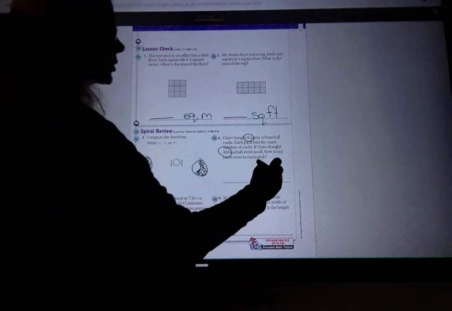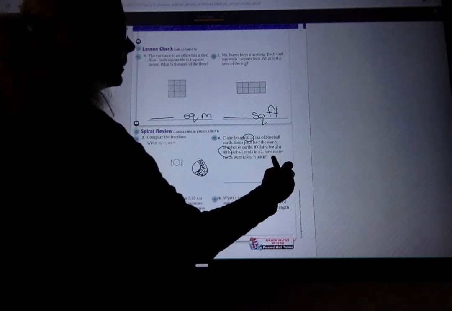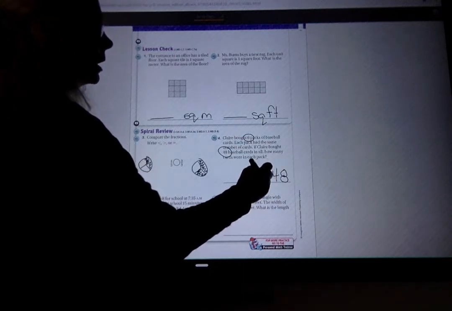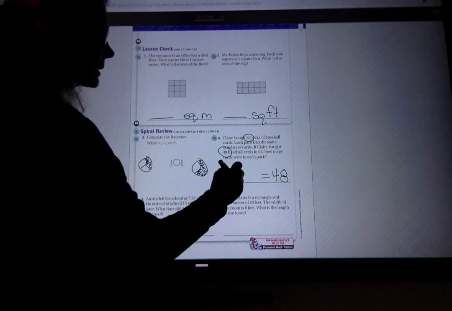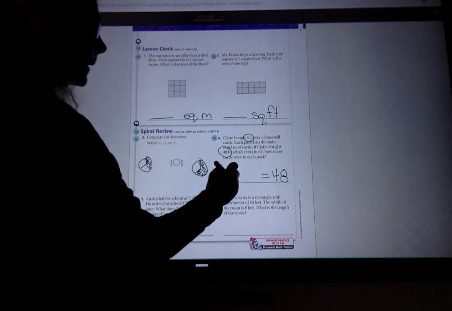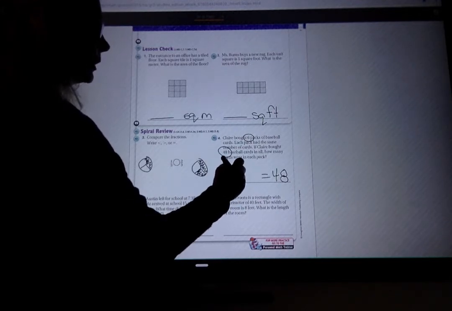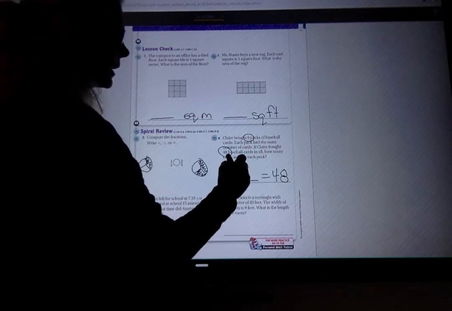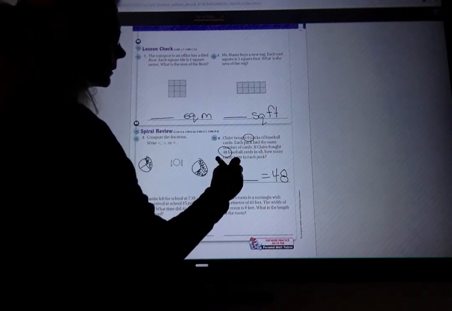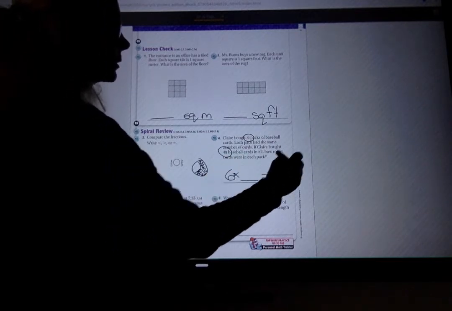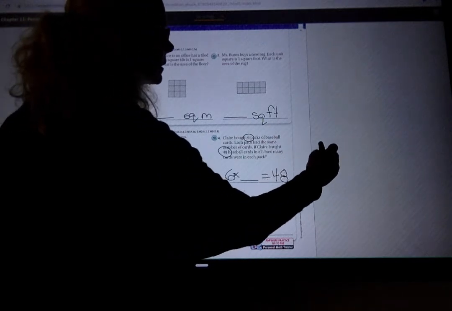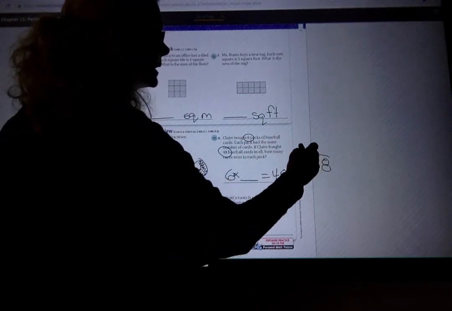And we know that she bought 6 packs, but what did she take 6 times to get 48? Or do the inverse. 48 divided by 6.